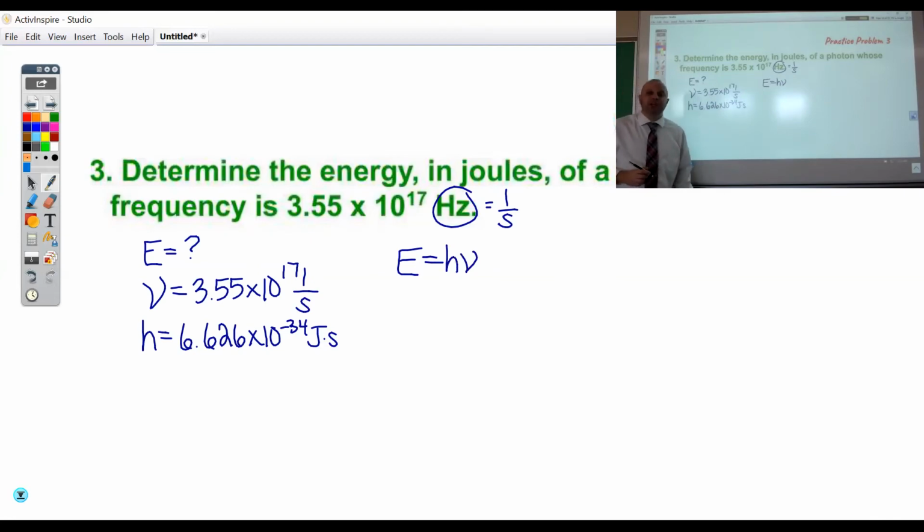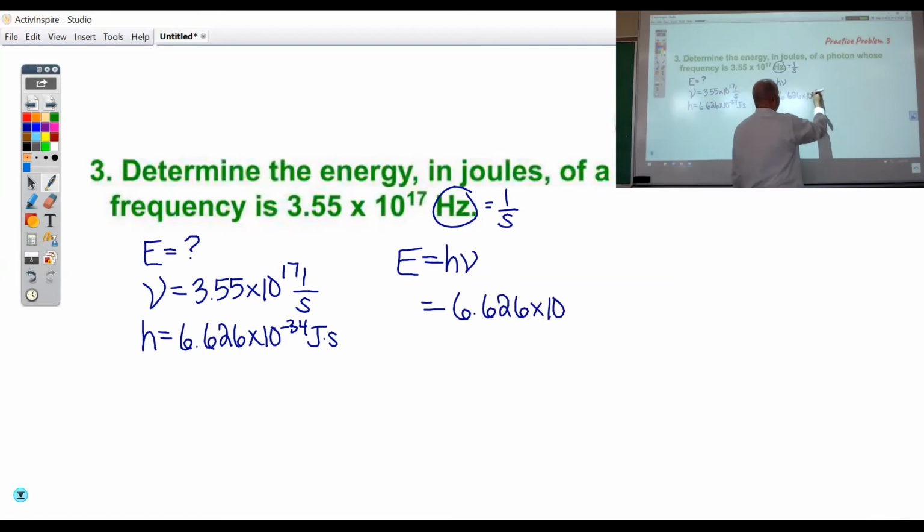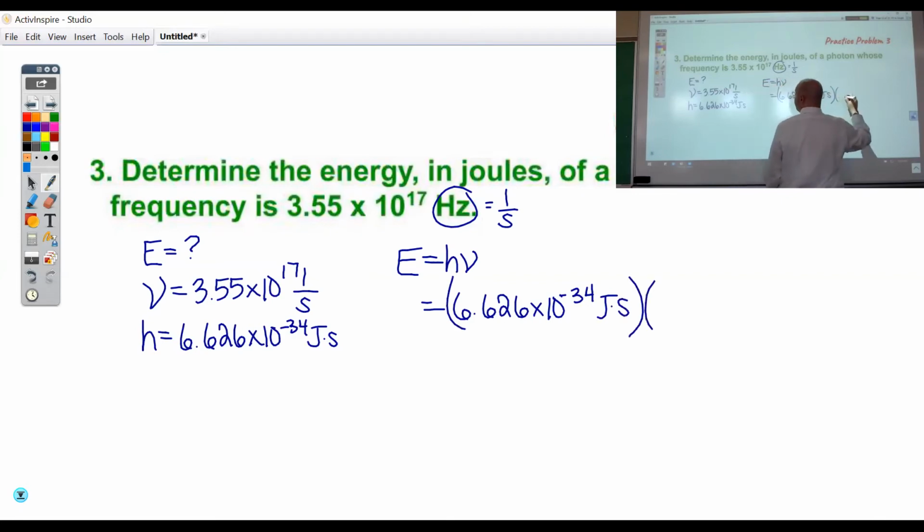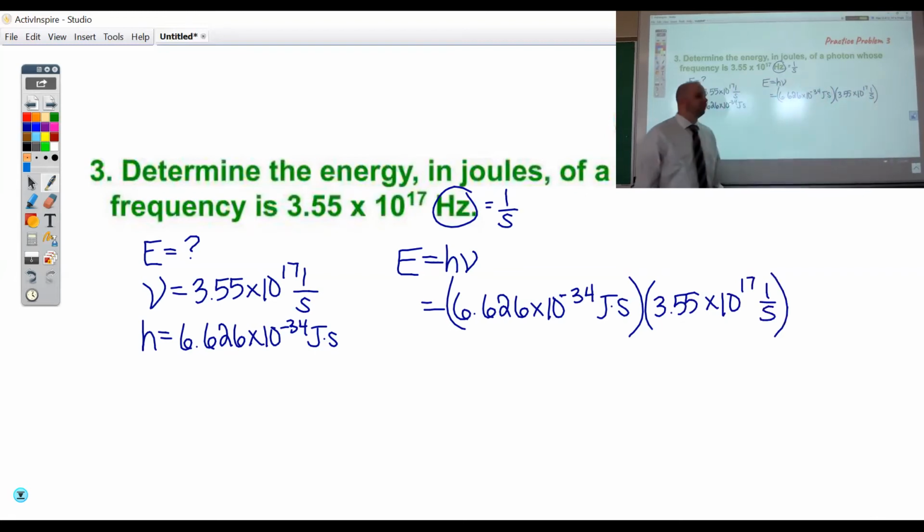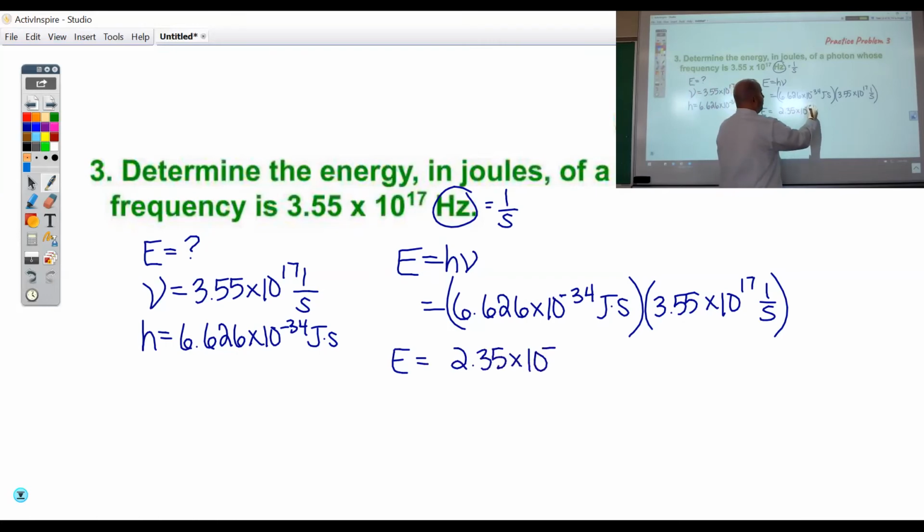This time we don't have to rearrange the equation since we're solving for energy. Solving for energy in this problem, we wind up with an answer of 2.35 times 10 to the negative 16 joules.